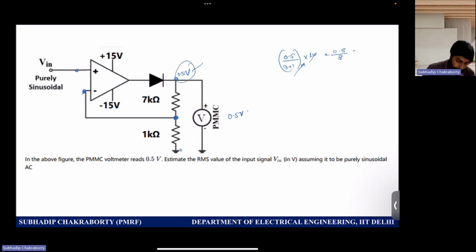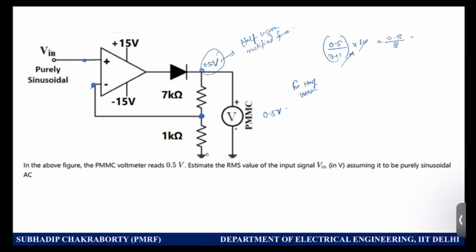But what is this voltage? This is the half wave rectified form. So for half wave, you have Vm by pi. So if this is V in, this is V in, and this is V in.